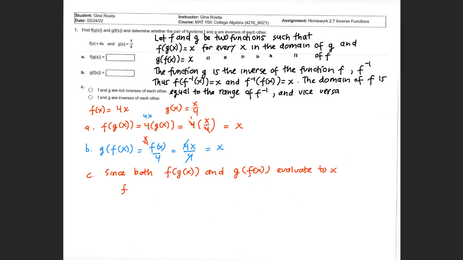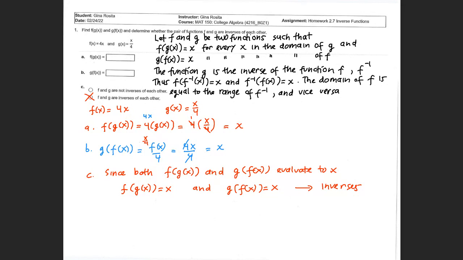From A, I can write down again over here, equal x. Okay, because they are the same, equal x, so the functions f and g are inverses. So the functions f of x and g of x are inverses. So we choose this one, okay? So f and g are inverses of each other.